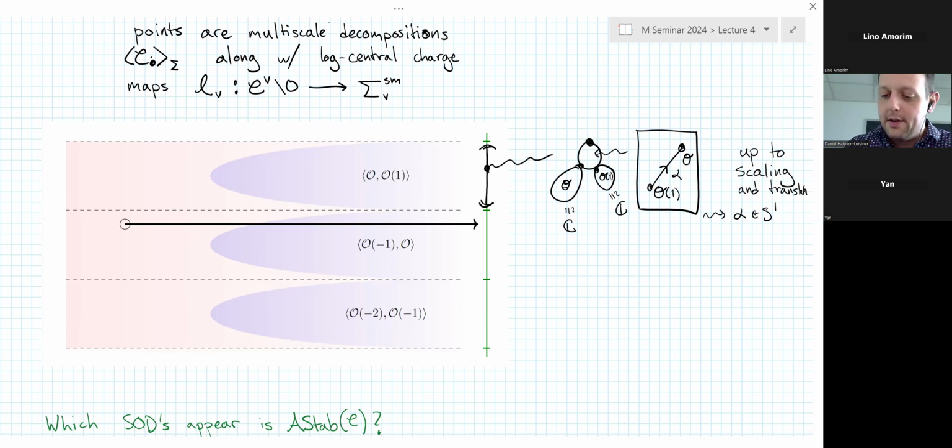Really, it's more like alpha is equal to e to the i pi y, where y is the height. It's just the y coordinate in the diagram.